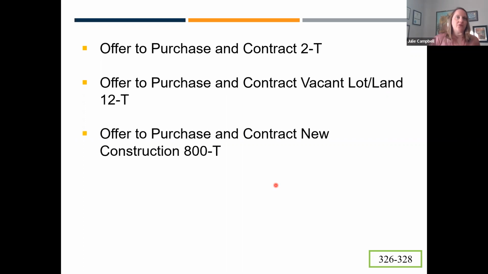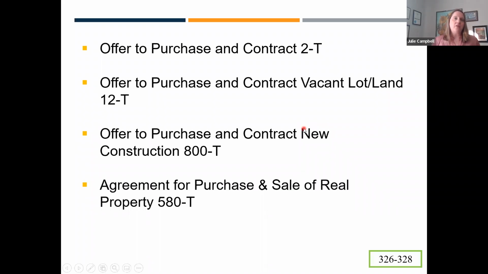I think I asked yesterday, one of you was considering commercial. Commercial has its own set of forms from NCAR. And the commercial contract is the agreement for purchase and sale of real estate. All the commercial forms in NCAR, just FYI, are a 500 series.